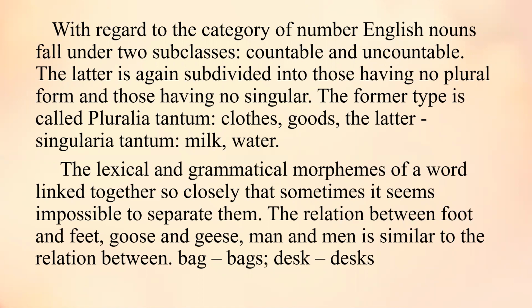The lexical and grammatical morphemes of a word link together so closely that sometimes it seems impossible to separate them. The relation between food and feed, goose and geese, man and men is similar to the relation between bag and bags, desk and desks, etc.